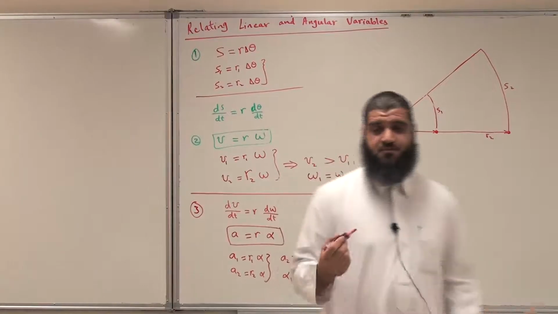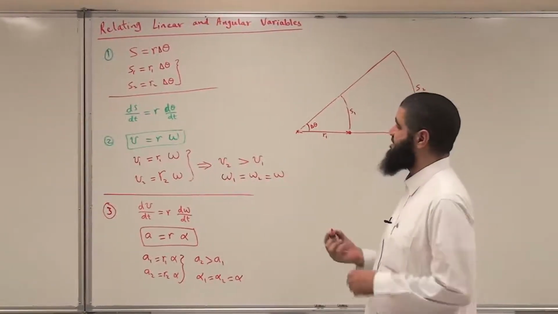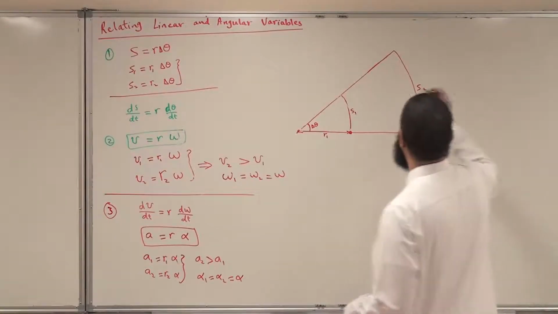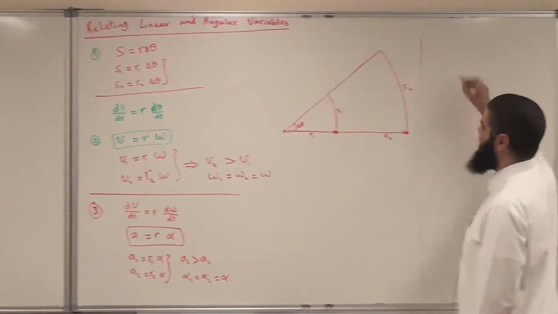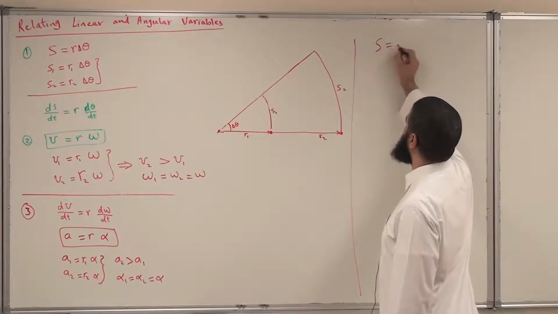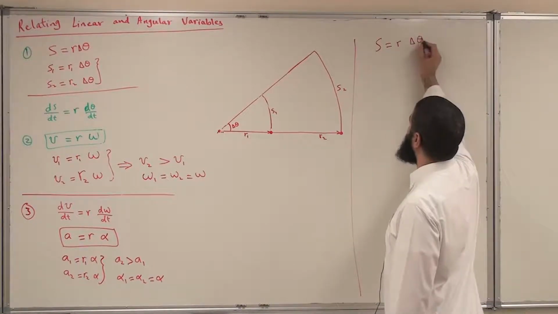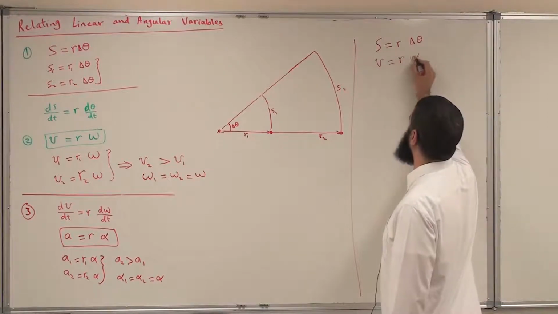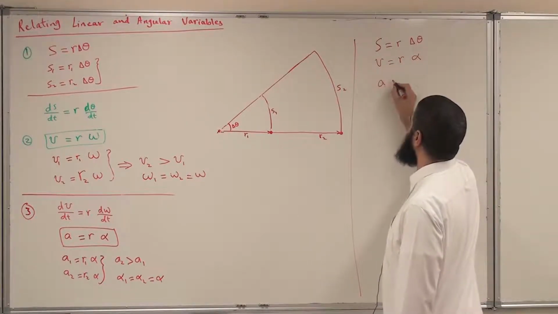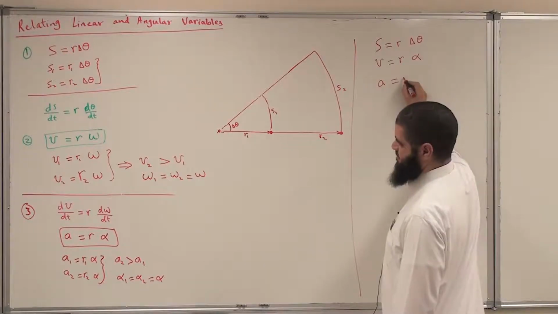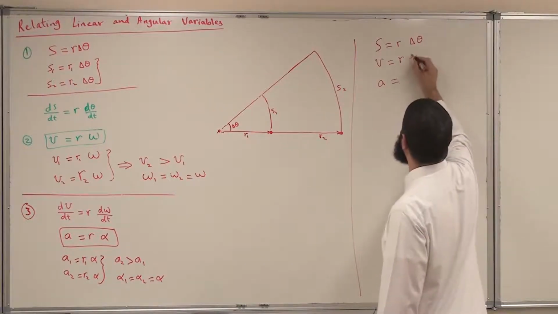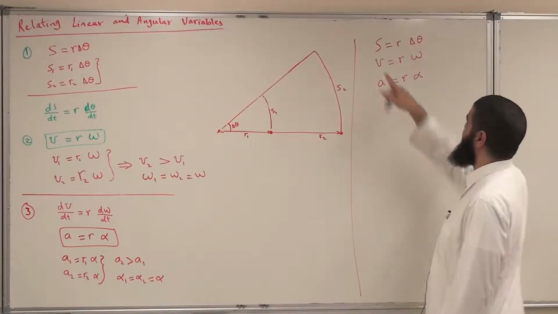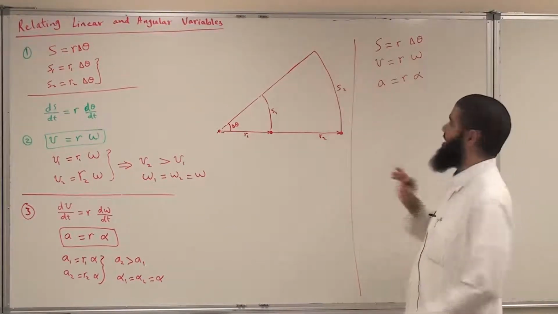Very nice. So we have three very important relationships. Let me rewrite them here. I have S equals R delta theta, and I have V equals R omega. Then I have A equals R alpha. I start with the linear quantity at the left hand side.